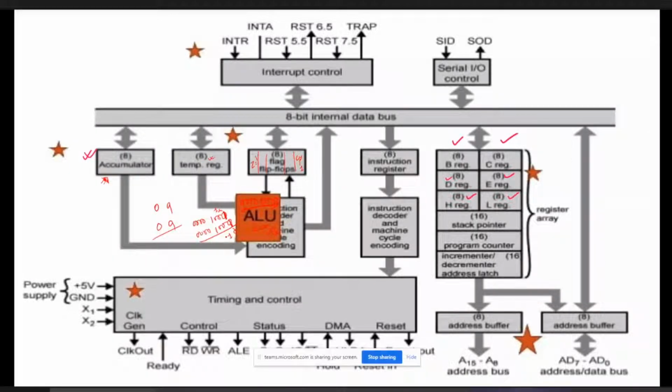This will be 0. Now if 1 and 1 are added, this will be 0, and a carry will come over here. So this one is the D3 bit, right? This is D0, D1, D2, D3. So when D3 and D3 are added, the result is 0, but a carry is generated. When we add these 2 bits, D3 and D3, and the result is 0 and a carry is generated, then the auxiliary carry flag will be set to 1.